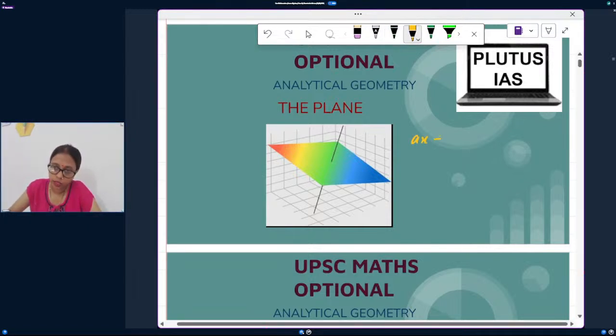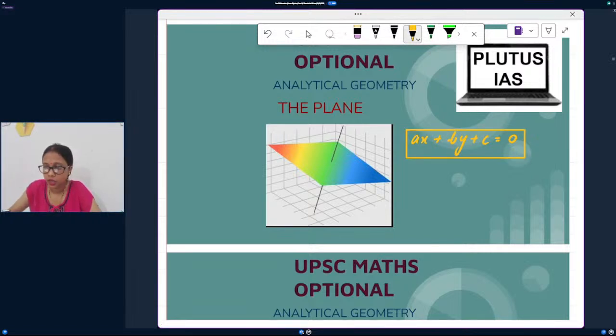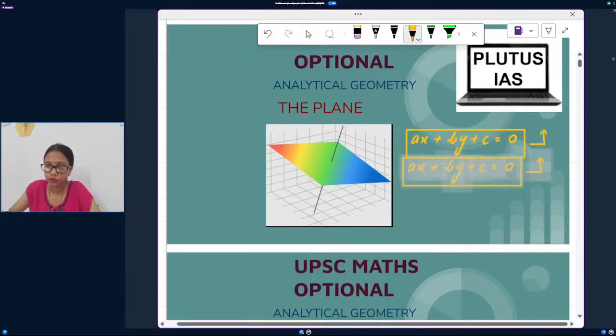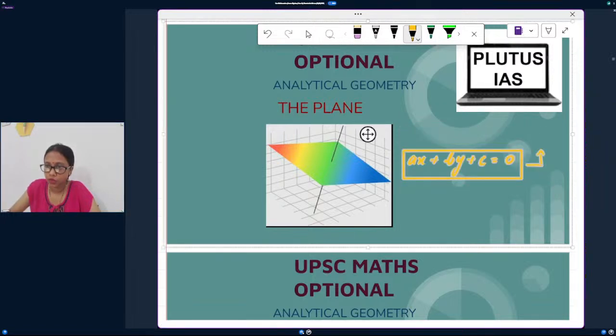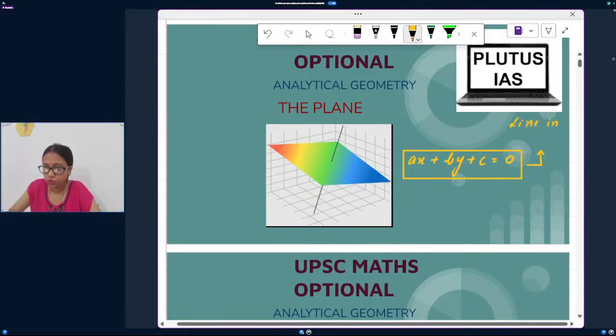ax plus by plus c equals 0. This is line in 2D.